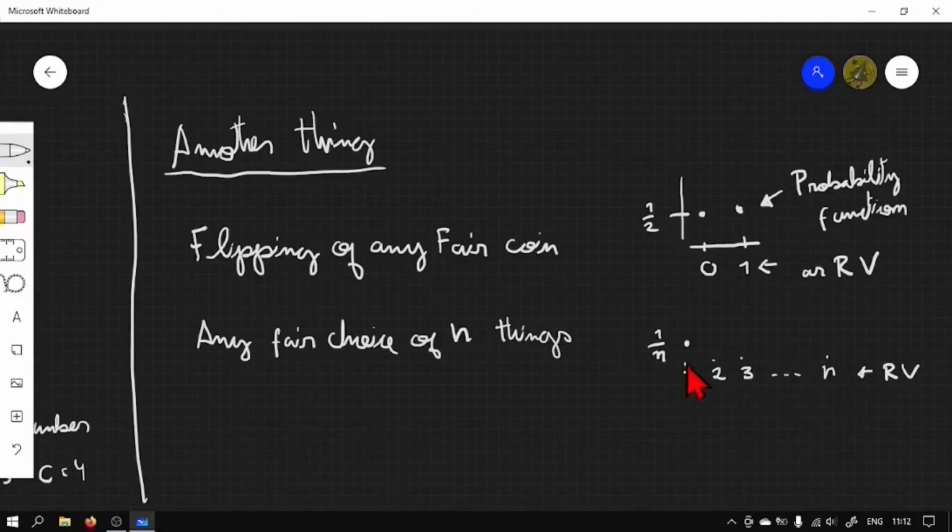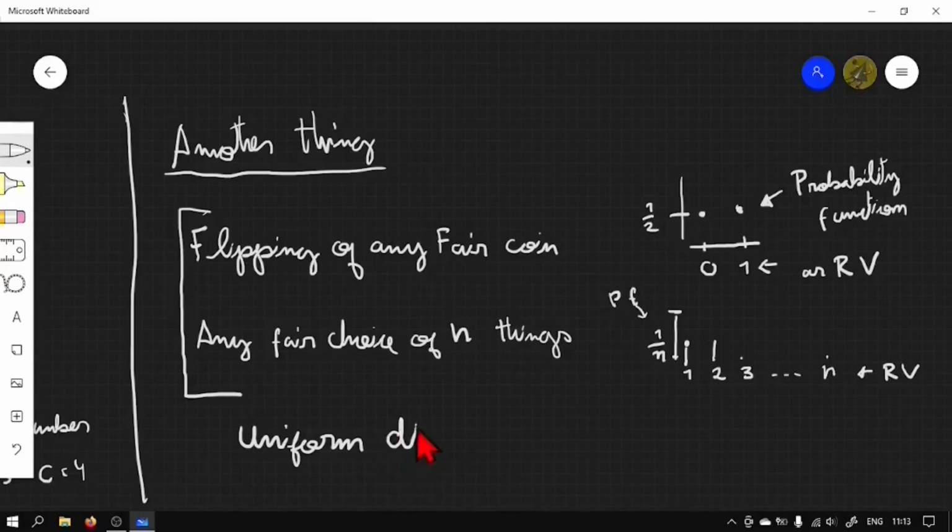So here below is a random variable that to each event we assign a number, being like the first, the second, and so on, number 1, number 2, and so on. And to each number we assign the probability of 1 over n. This kind of random variable together with probability function is called uniform distribution.